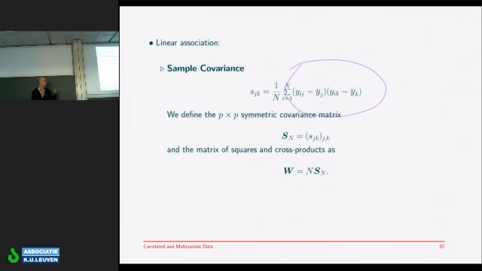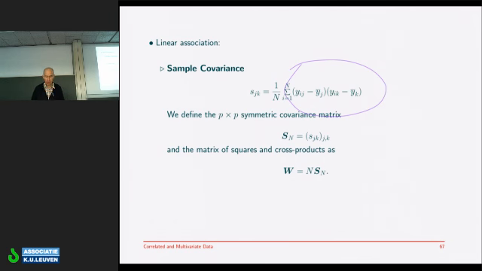In other words, this is going to be positive if typically the 2 factors are both positive or both negative. If you multiply 2 positive numbers or 2 negative numbers, you get a positive one. If they typically differ in sign, then you multiply plus with minus or minus with plus, and then you get a negative covariance. So the sign gives you the direction in which they vary together or vary against each other.